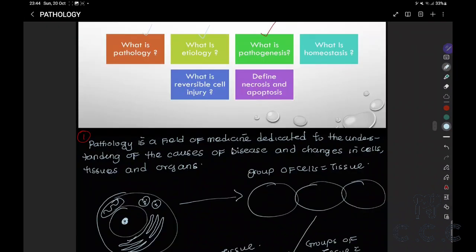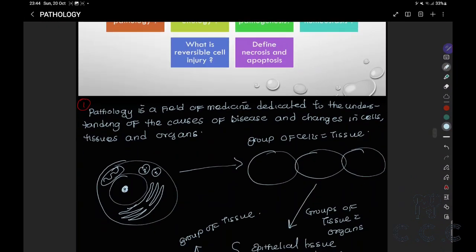The next thing we have to define is the concept of necrosis and apoptosis.